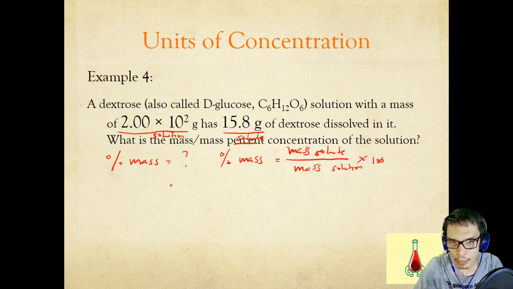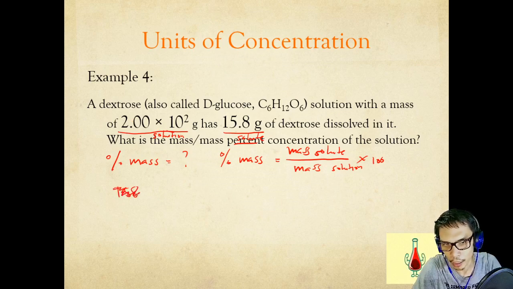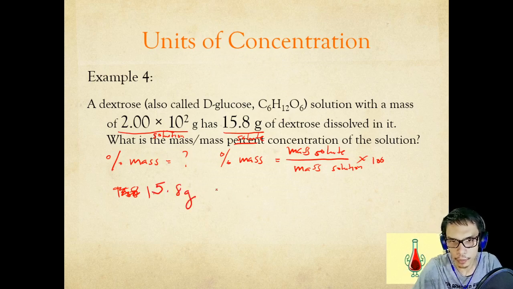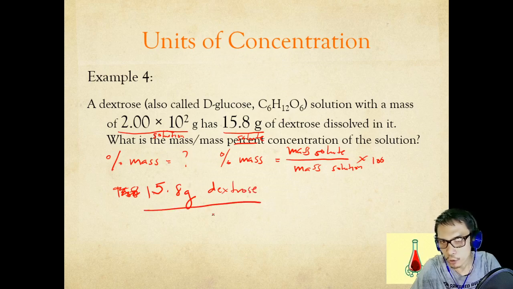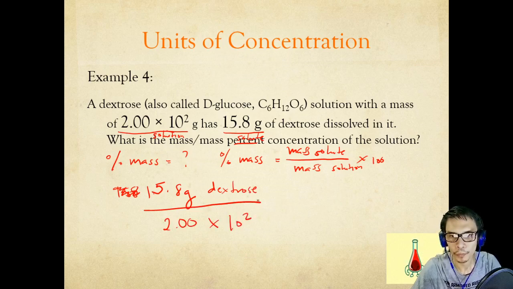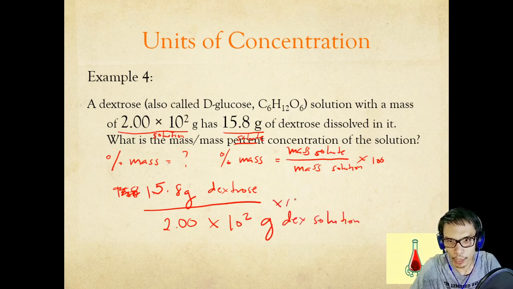So if you put the values here, we have mass of solute, 15.8 grams of dextrose, divided by 2.00 times 10 to the 2 grams of dextrose solution, times 100.